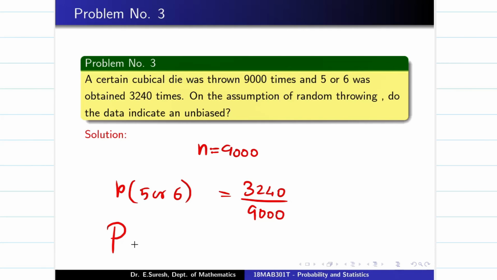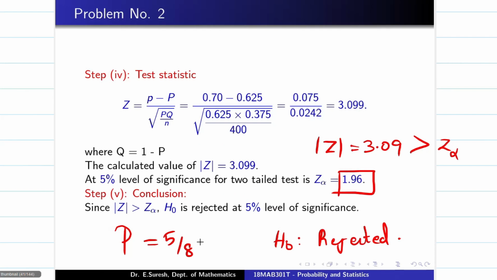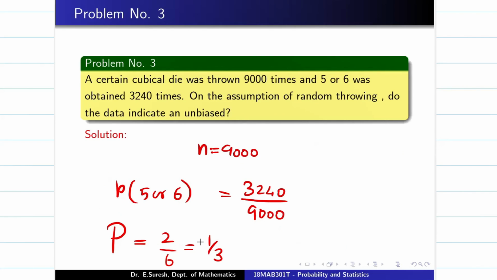But universal probability for getting 5 or 6, just now we discussed, is 1 by 6 plus 1 by 6, 2 by 6, it is 1 by 3. Okay, this is going to be 1 by 3.